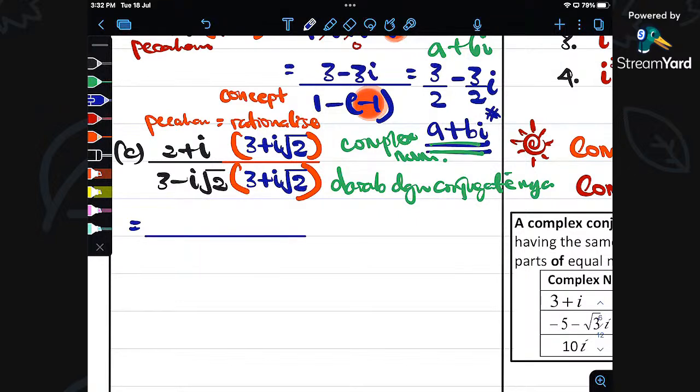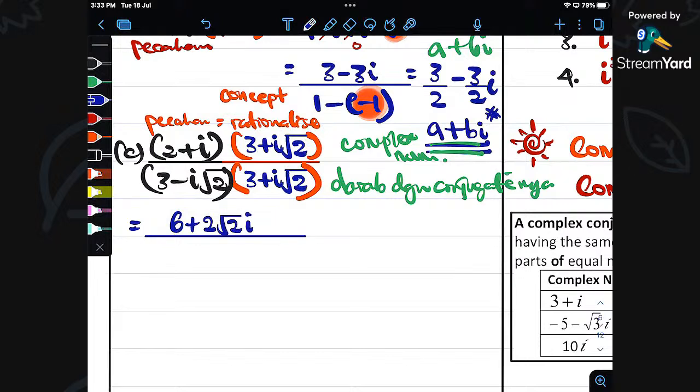So what is this? This is 6. Pelan-pelan ya, 6. Okay, kadang-kadang saya suka buat benda ni untuk bagi senang nampak. Saya suka buat bracket. So we have 6 here because 2 times 3 is 6. And then 2 times square root 2 is 2 square root 2.